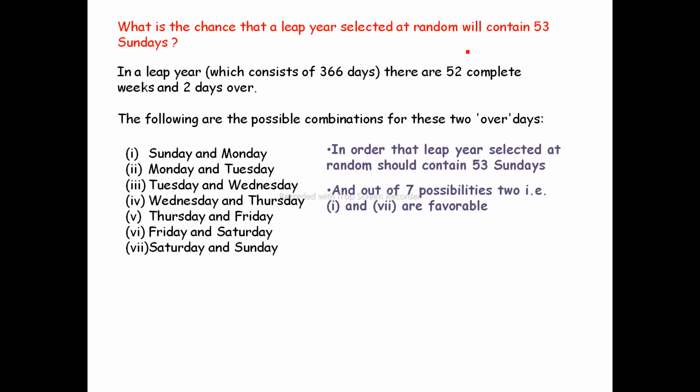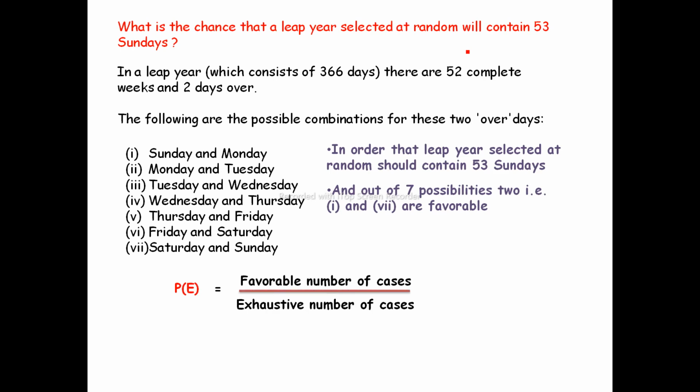The events that contain Sunday, so the first event and the 7th event. So the probability of getting 53 Sundays is equal to the favorable number of cases divided by the exhaustive number of cases. The favorable cases are the first and 7th, that is 2 divided by 7.